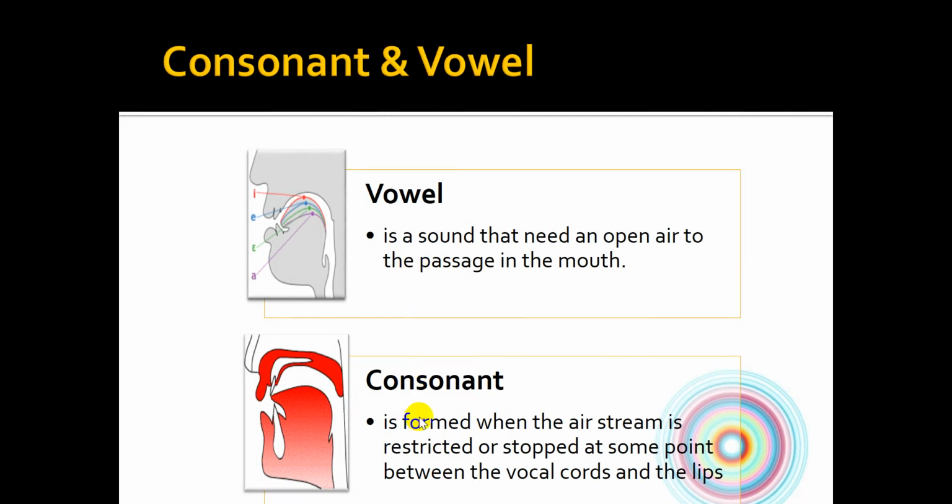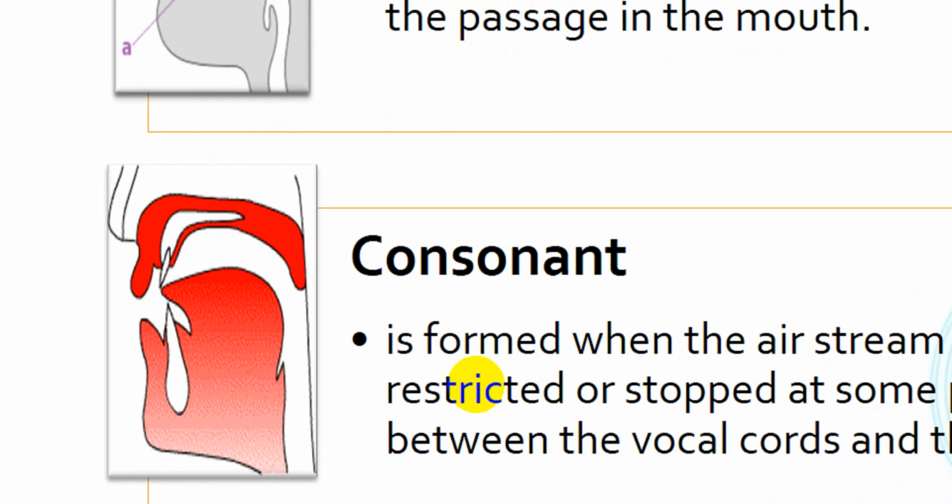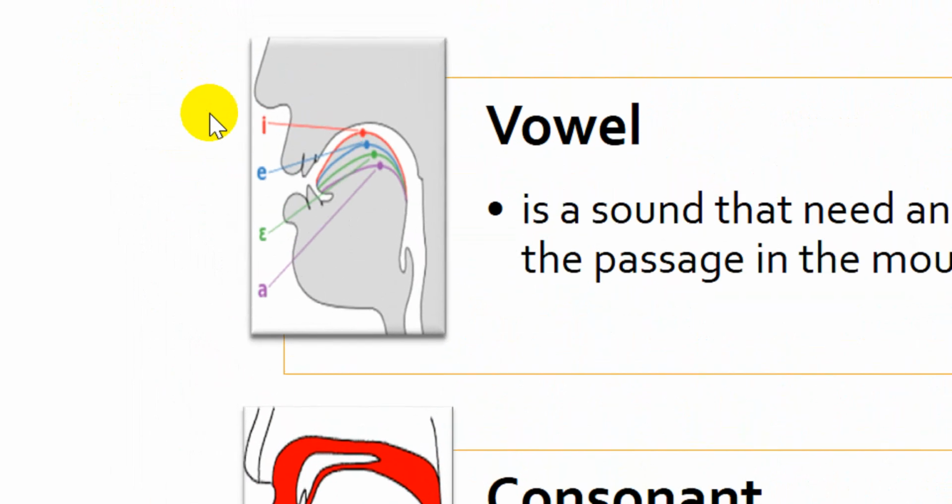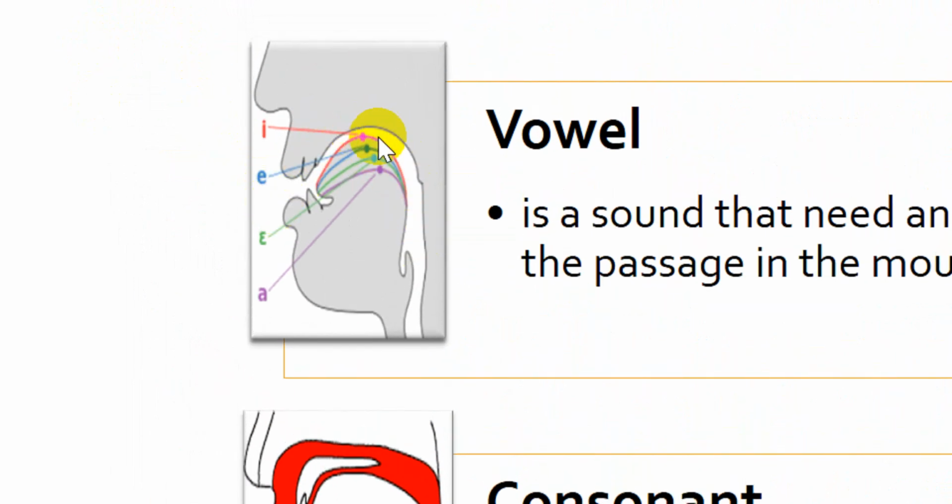In a consonant, the airstream is restricted or stopped at some point between the vocal cords and the lips. So, if we compare, in a vowel sound, there must be no restriction at all in the mouth.